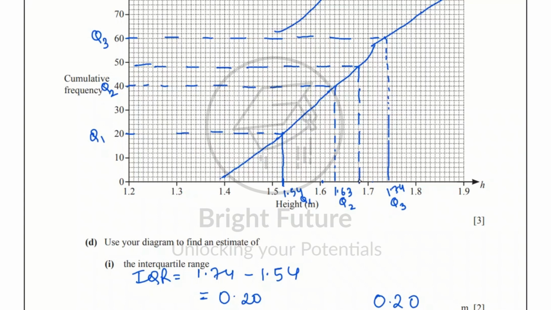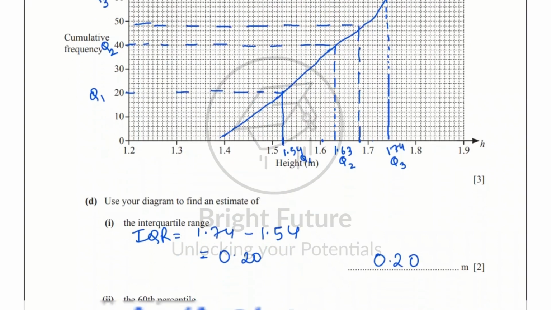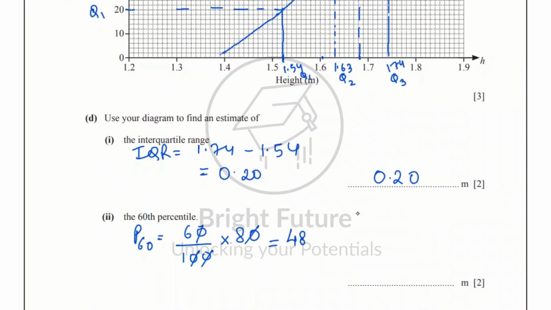Somewhere over here. This line is not accurate. Anyways, you will get this point somewhere over here for 48.